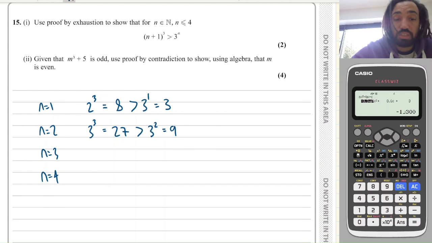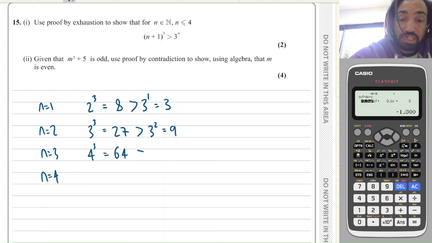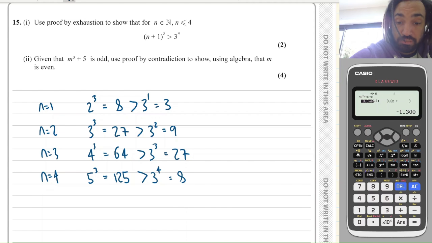Yep, that works. And here we're going to get 3 plus 1 is 4, so 4 cubed is 64, and that is greater than 3 to the 3, which is 27. Yes, that works. And next one we're going to get 5 cubed, which is equal to 125, which is greater than 3 to the 4, which is 81.